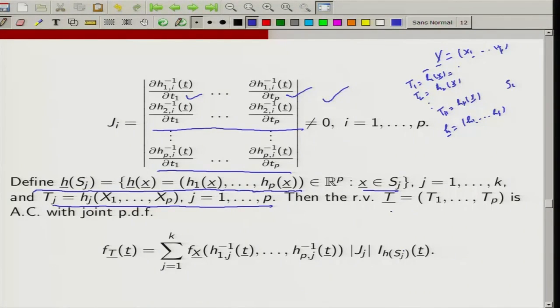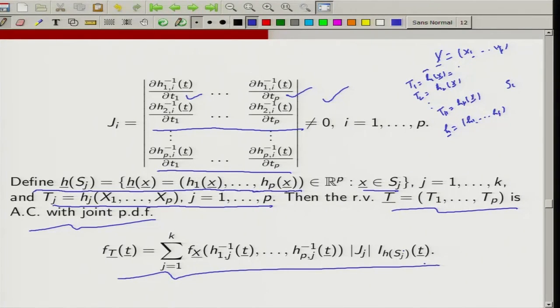Then T is absolutely continuous, and its joint PDF is given by this summation over j from 1 to k, where each term corresponds to Sj. What is happening in Sj? Your inverse transformation is H1j inverse t, ..., Hpj inverse t. So, fX at the point of inverse transformation, times the absolute value of the Jacobian of the Hj inverse t's, times the indicator of H of Sj. So, that is what we did.